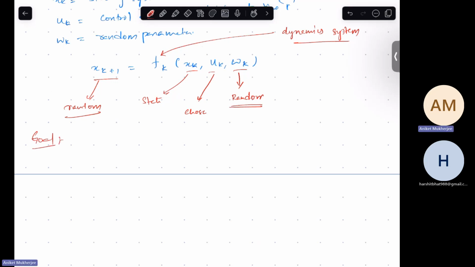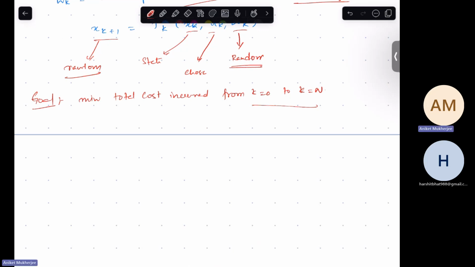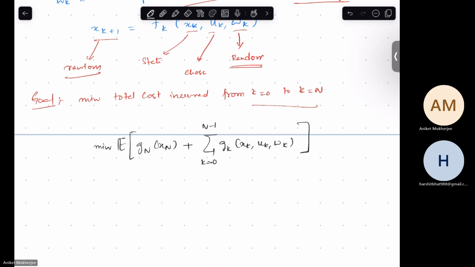What the end goal of this problem is, is to minimize the total cost incurred from k equal to 0 to k equal to capital N. Hence you're solving a problem of minimize expectation of gN(xN) plus summation k equal to 0 to n minus 1 of gk(xk, uk, wk).